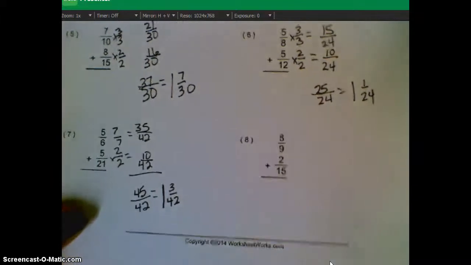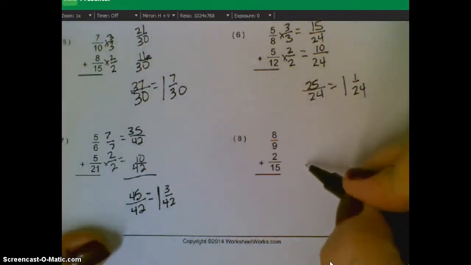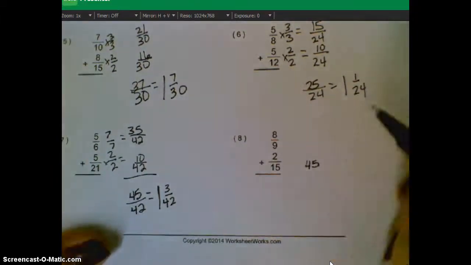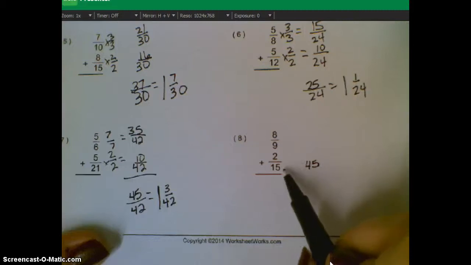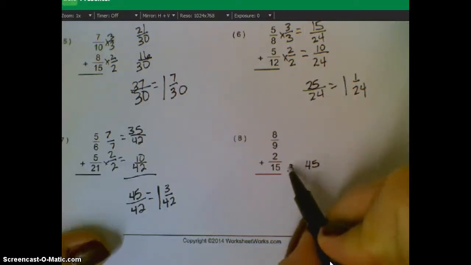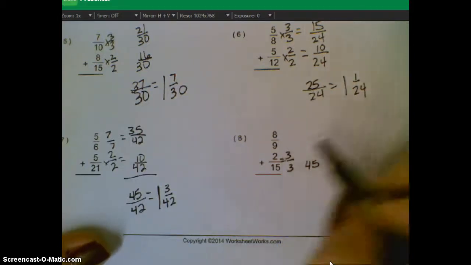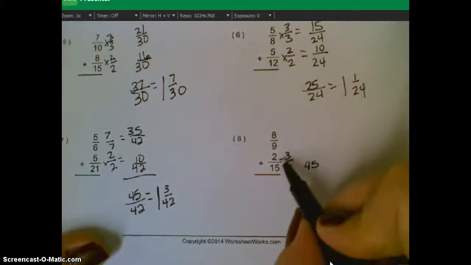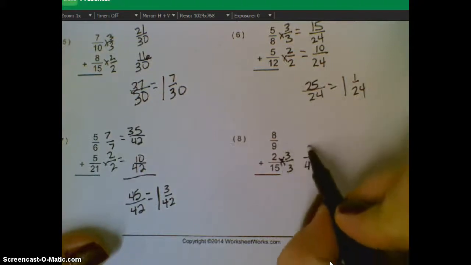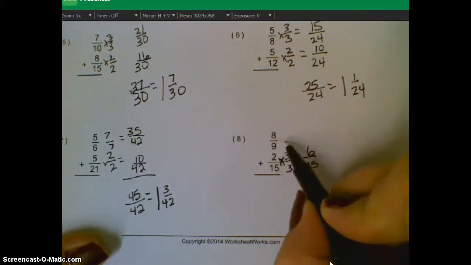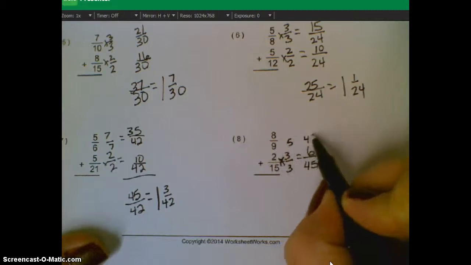And our last one today, let's go with 45. I'm counting up by 15s. 15, 30, 45. That was by 3s. And 2 times 3 would be 6. And I know 9 times 5 is 45.